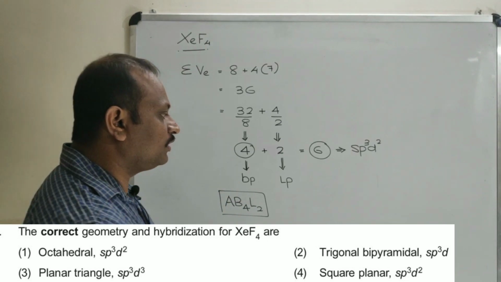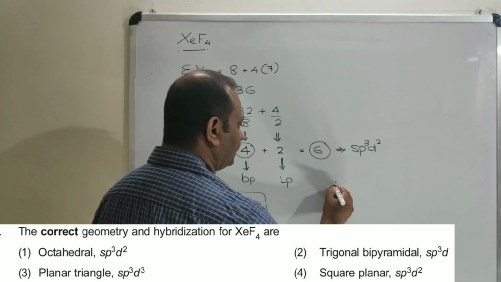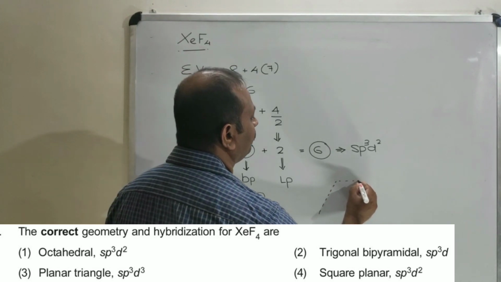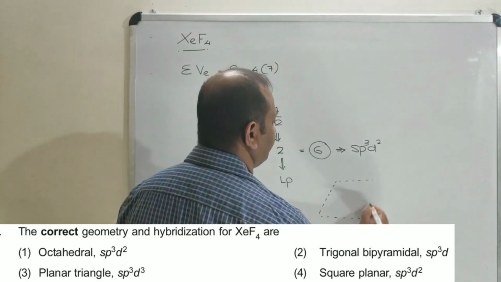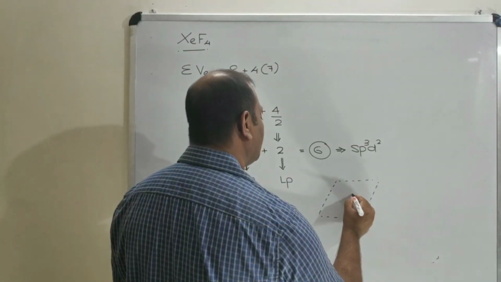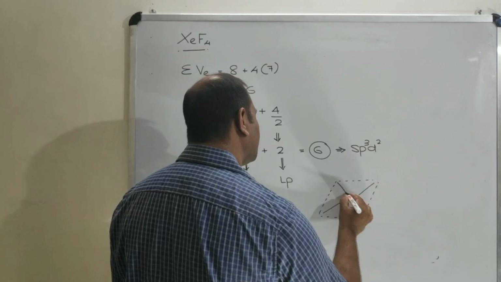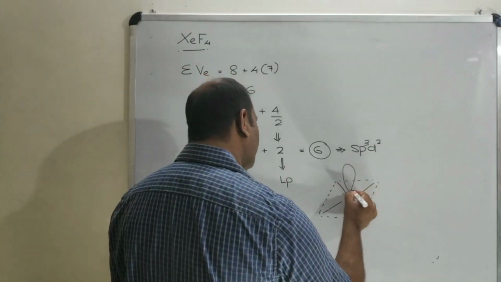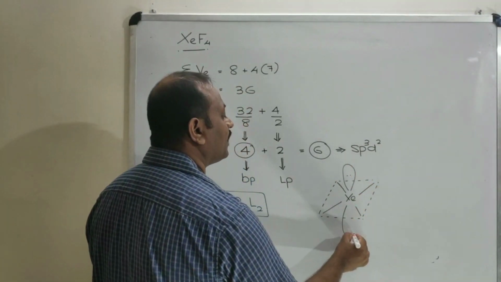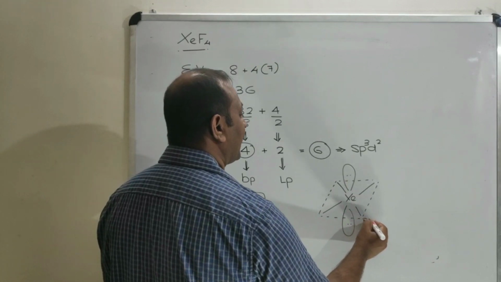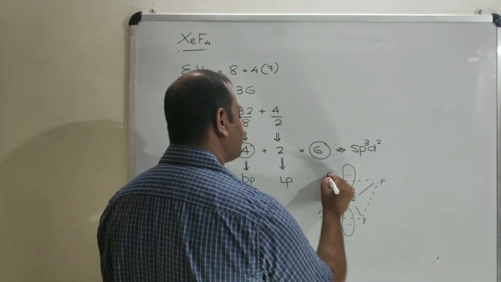So how about the geometry? Let me draw here. You can see that the geometry of the compound will be in this manner. We have Xe at the center and fluorines in a plane, but 2 lone pairs are there, 1 lone pair up and 1 lone pair down.